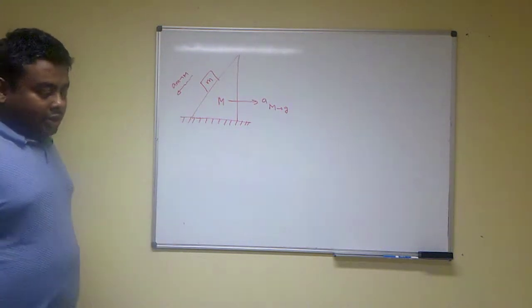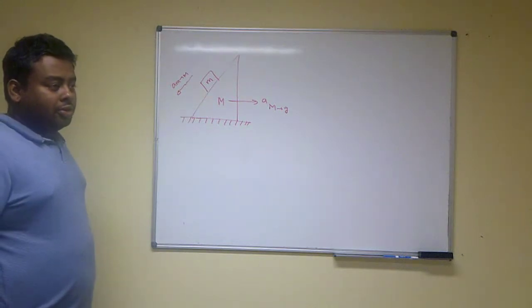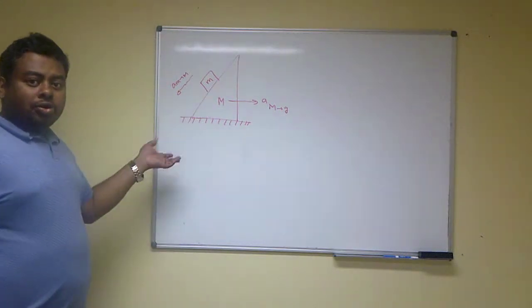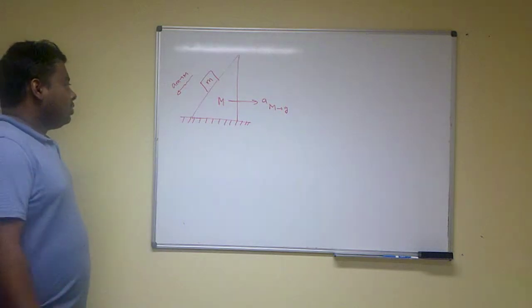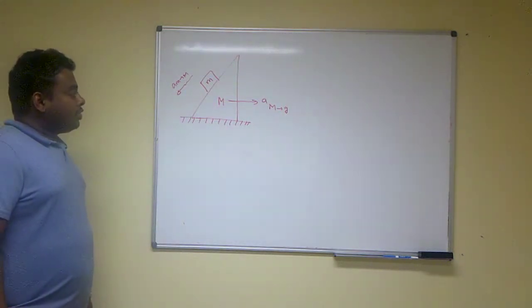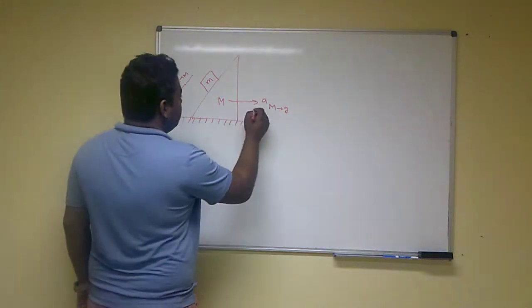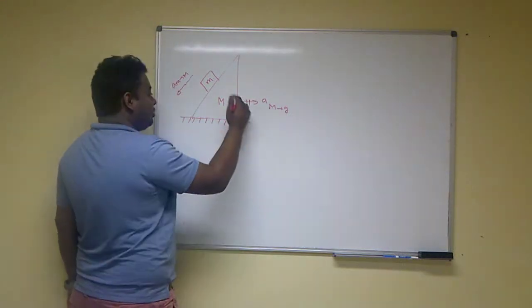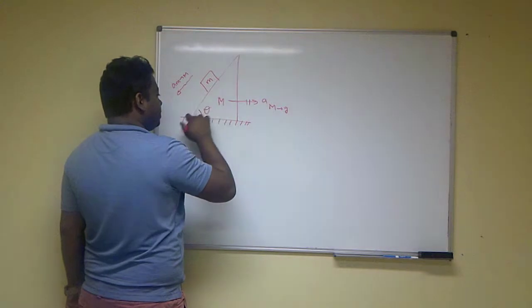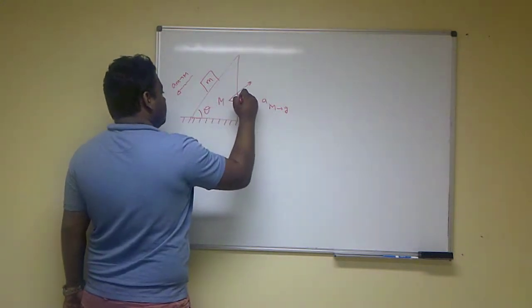You are trying to figure out how you are going to solve this problem after all, which is pretty interesting actually. So anyhow, first of all, this is the acceleration of capital M with respect to gravity. This is, let's say, theta. So this is going to be theta.